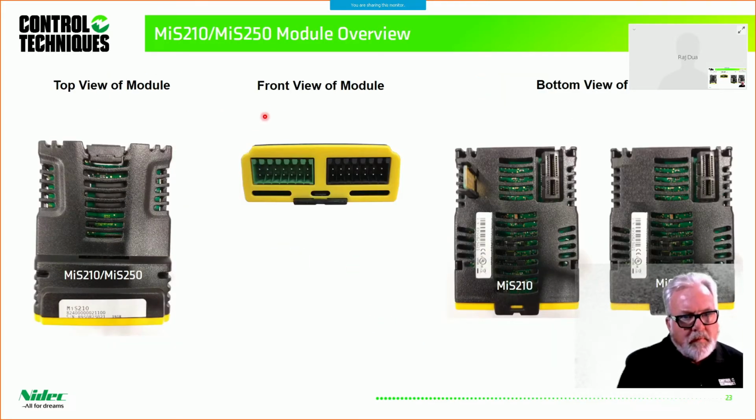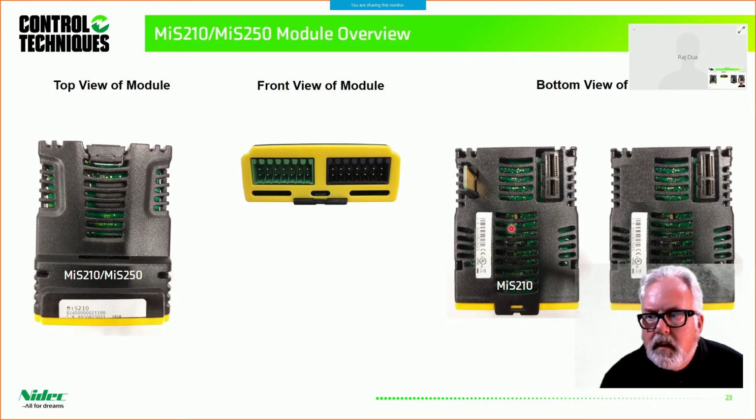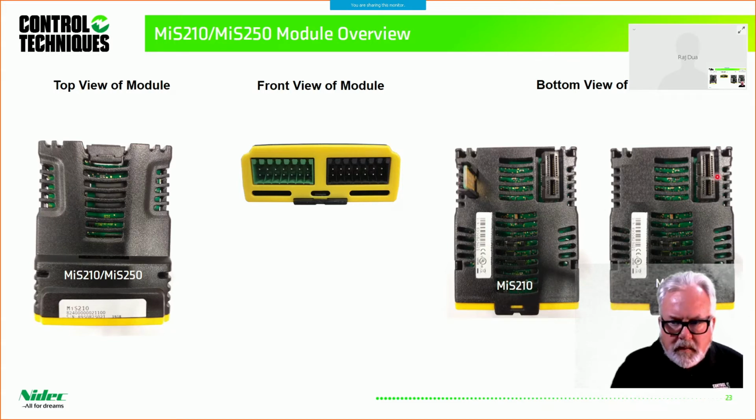Now here's the front view of the module. So, did we show that? No, we don't. MIS 210. Oh yeah, here it is. So right there's that connector that goes into the receptacle under the sticker. Well, it's just not here on the 250.